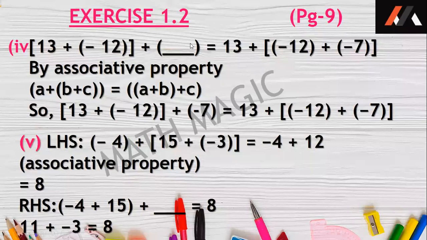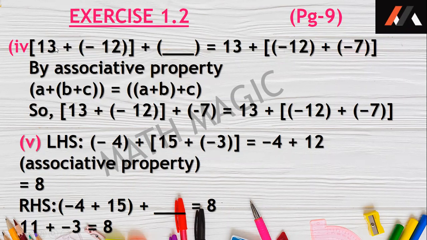By associative property, we know that A plus B plus C is equal to A plus B plus C, with the brackets shifted. Associative property holds true for addition of integers. So that means we can shift the brackets as we want when it is addition.